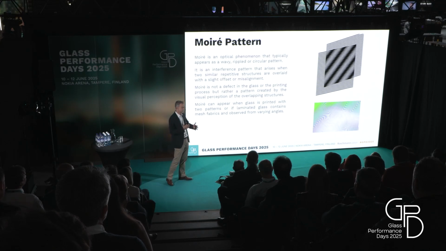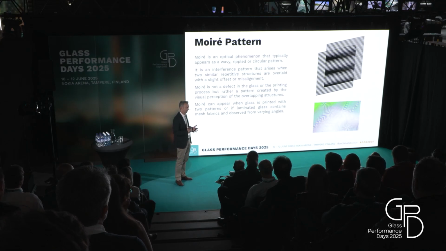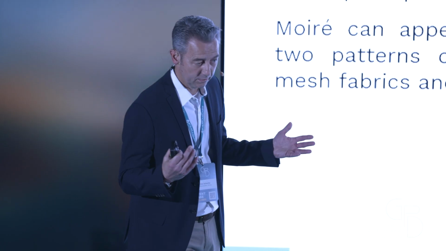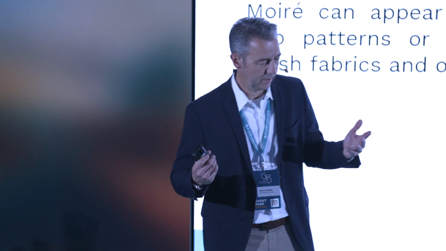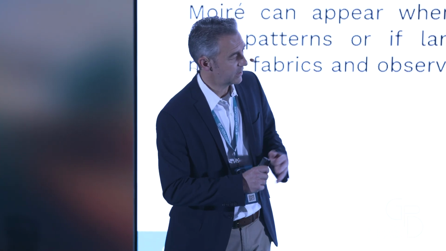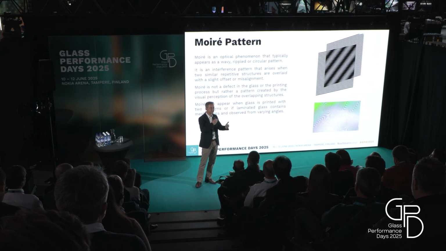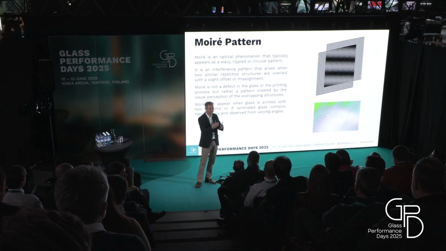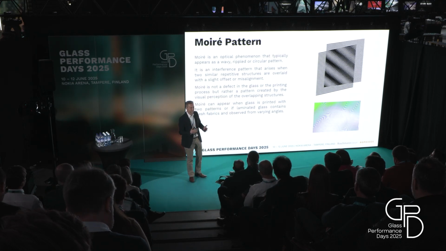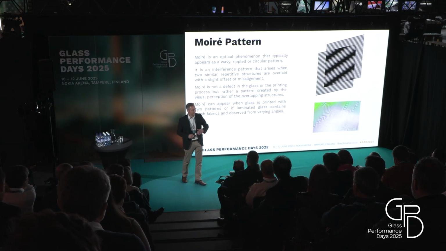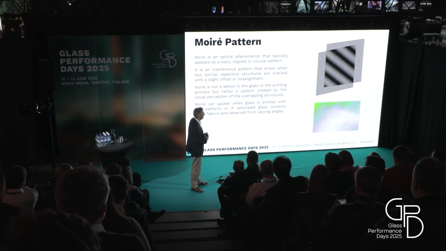And this is not necessarily related to glass only. If you are taking a picture with your electronic camera of a screen, you see a moiré pattern, because you do have this pixelation which overlays above each other, and then you're automatically creating this kind of effect.